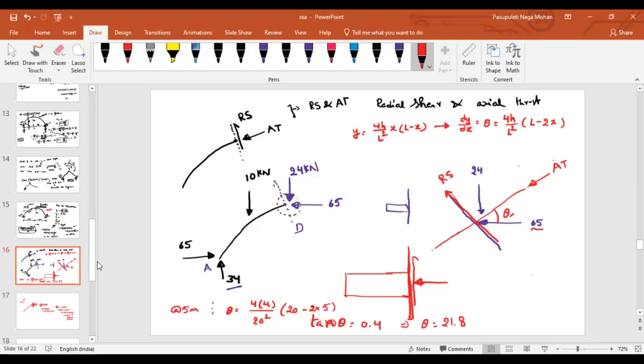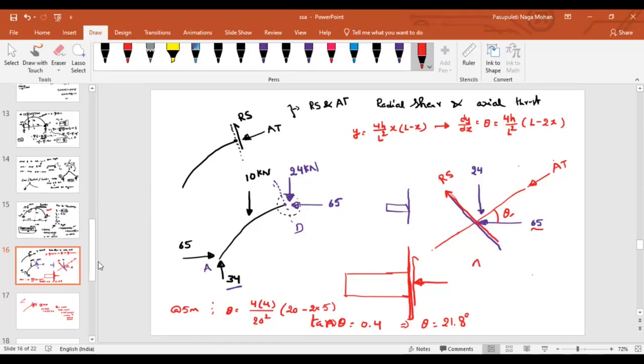It's in your calculator, right? At the top you might have seen whether you should calculate your angle in degrees or in radians. How have you calculated this angle? Degrees, sir. 21 degrees 48. It is 21.8 degrees.